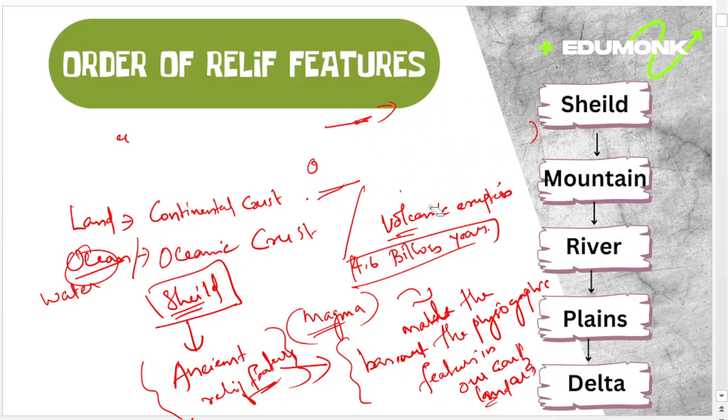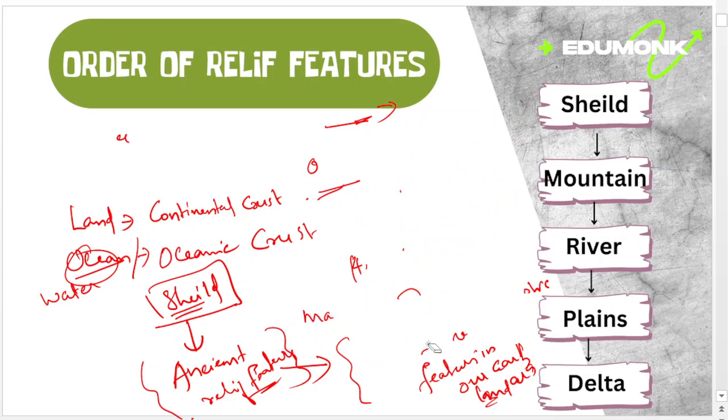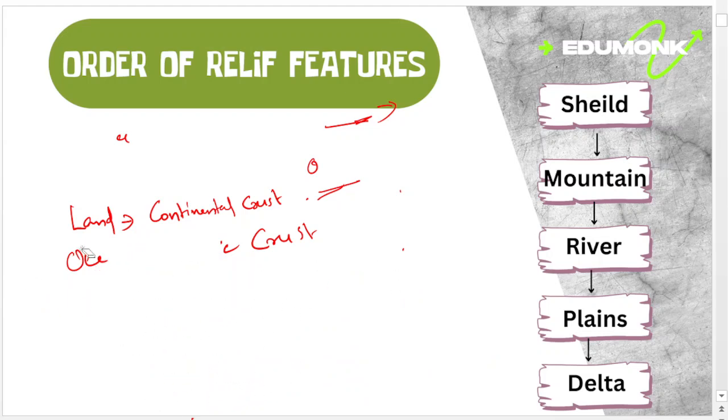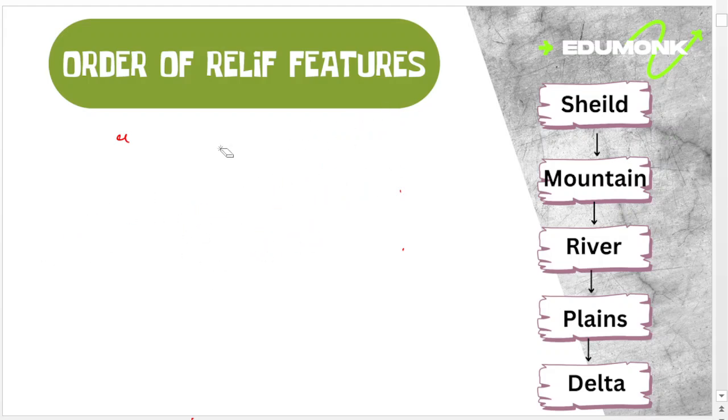If you look at the chronological order of physiographic formation on Earth, in the initial stage we can see the shield as the ancient relief feature. After that, from the shield, mountains are formed.